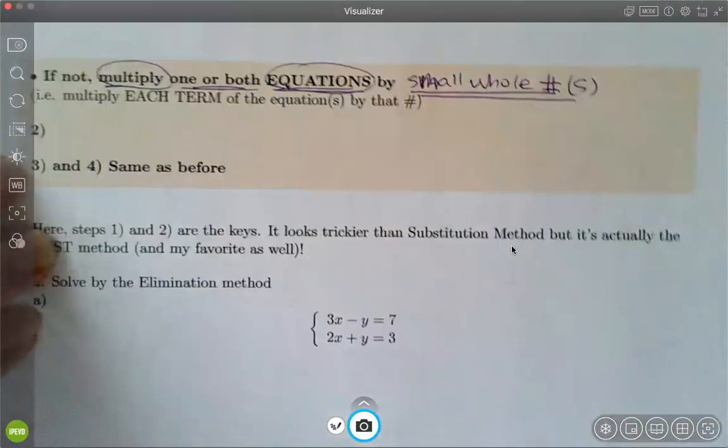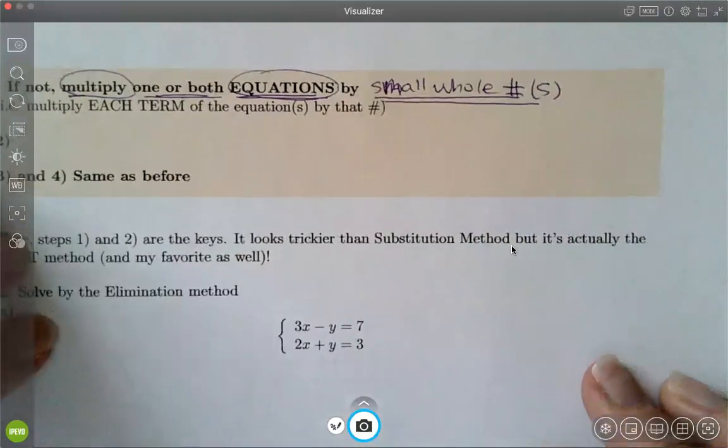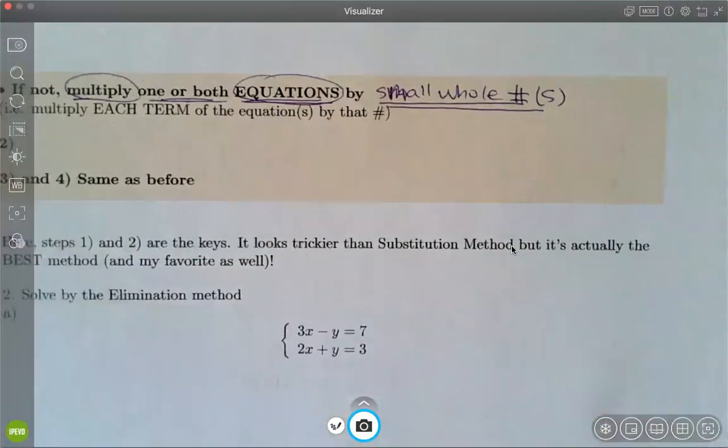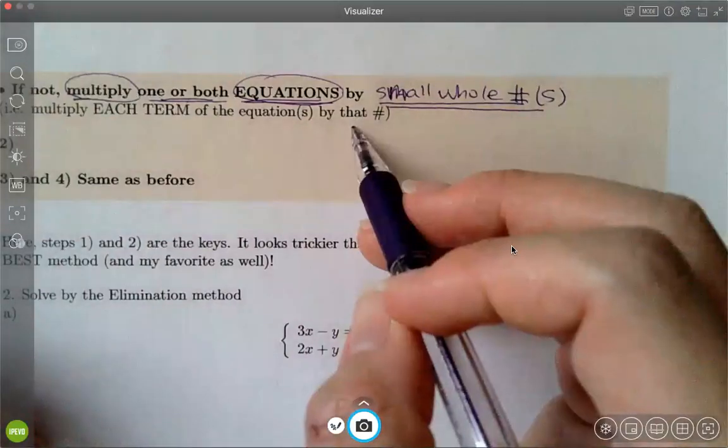Now, here, what you may have to do is multiply one equation by a number and another equation by a different number. Okay, so that number doesn't have to be the same. In fact, it shouldn't be the same.